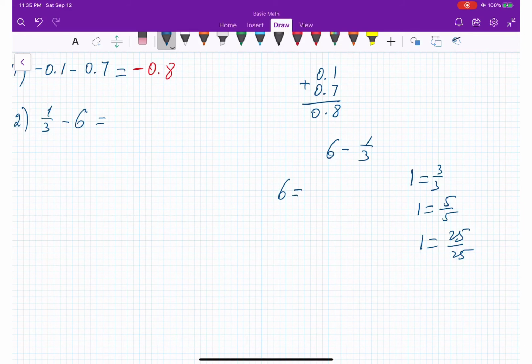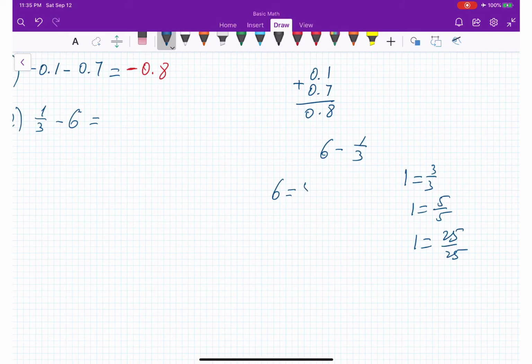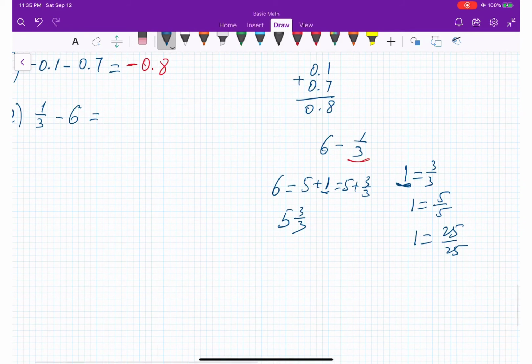So, 6 I can represent as 5 plus 1. I need this 1 released. So, in this one, since here the denominator I have is 3, I'm representing it as 5 plus 3 over 3. Can I do that? Which will be 5 and 3 over 3. It will be the same 6, right?